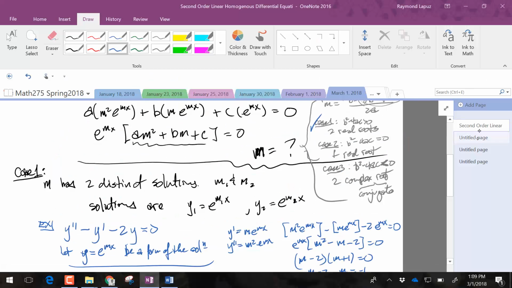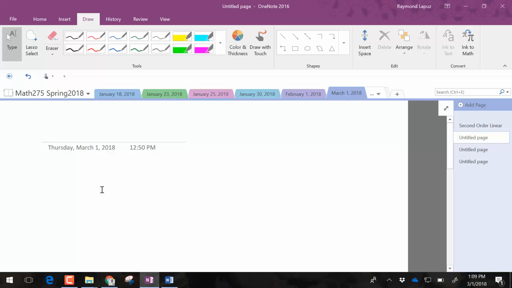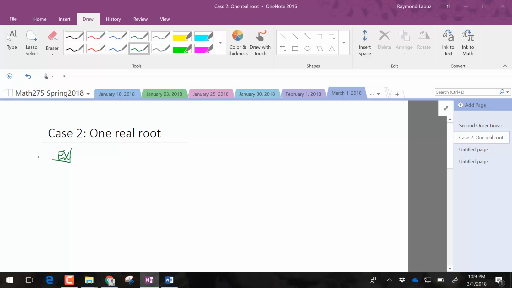Next page. So one real root. Let's just jump into an example because we know the general setup already, right? y double prime plus 2y prime plus 1 equals 0.